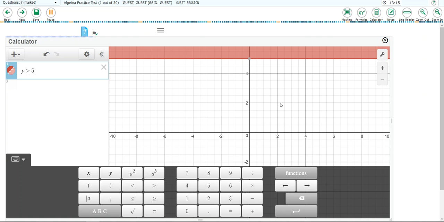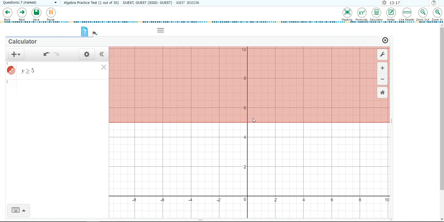And if you notice, it graphs it and it shades it. With inequalities, we're going to shade it. All of these points that are shaded are an answer choice here. If I look at this point, 4, 6, the y value is 6 in that case, and 6 is greater than 5.